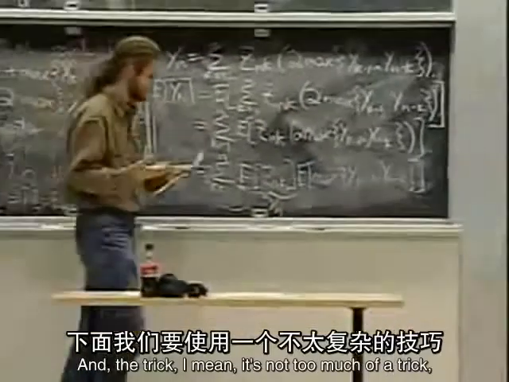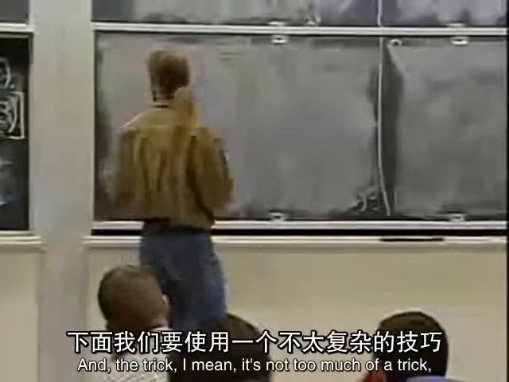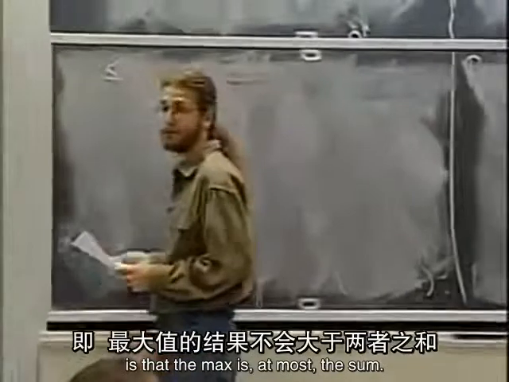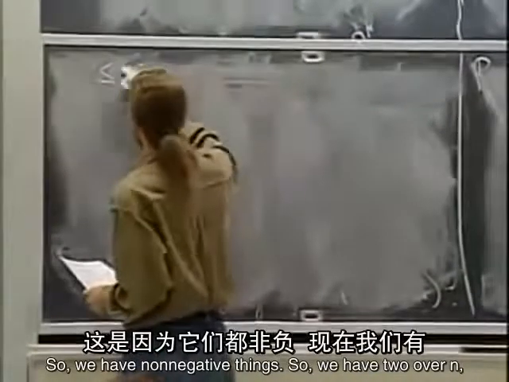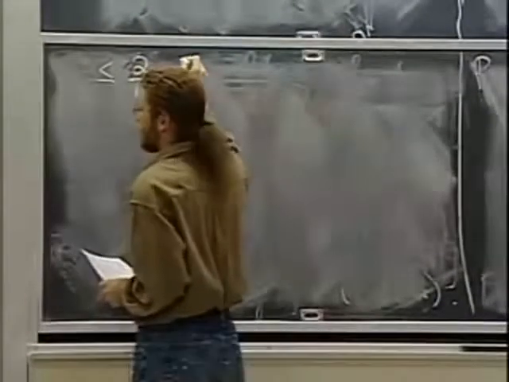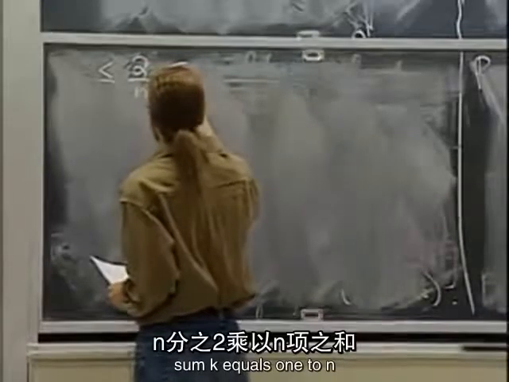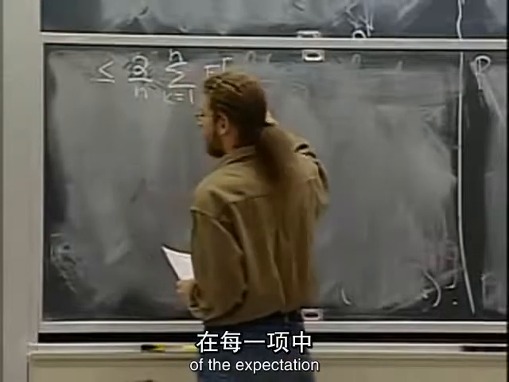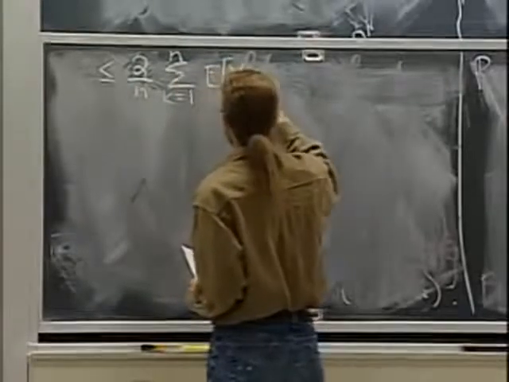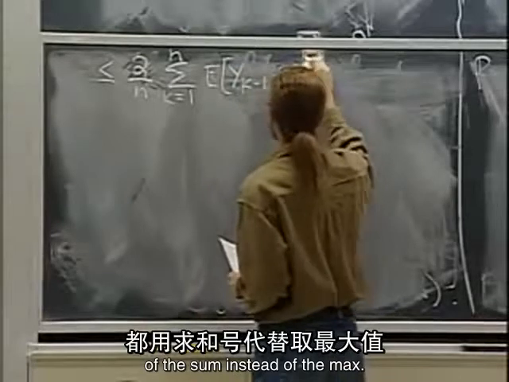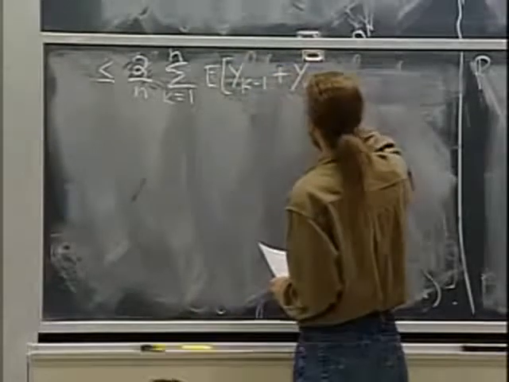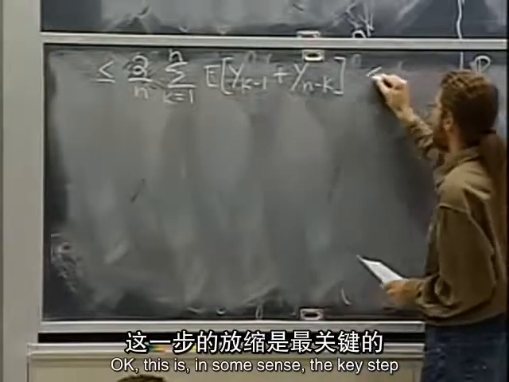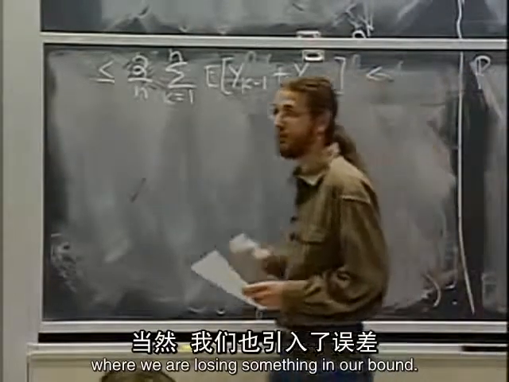The trick, and it's not too much of a trick, is that the max is at most the sum, because we have non-negative things. So we have 2 over n, sum k equals 1 to n, of the expectation of the sum instead of the max. This is in some sense the key step where we're losing something in our bound.